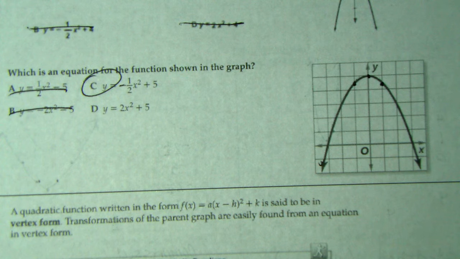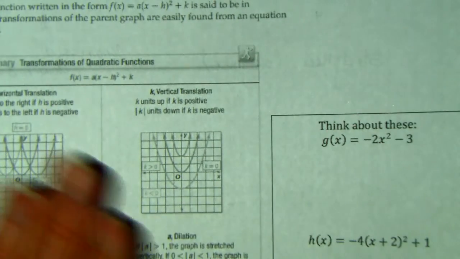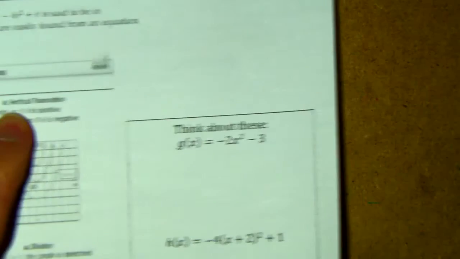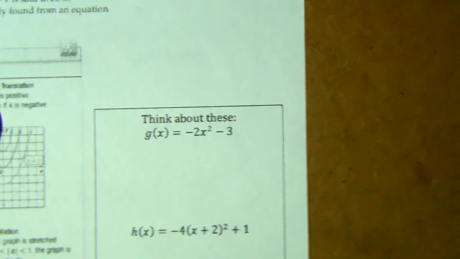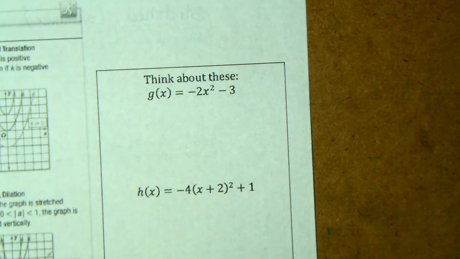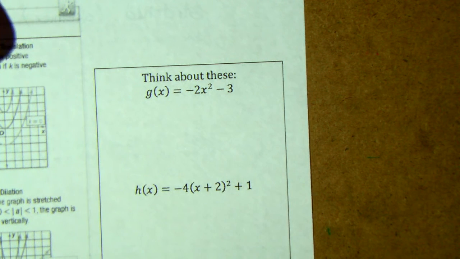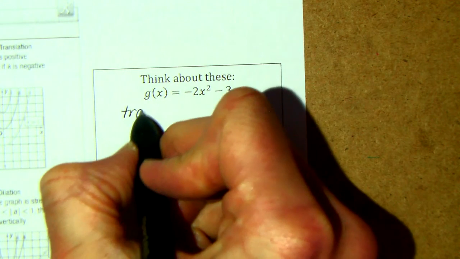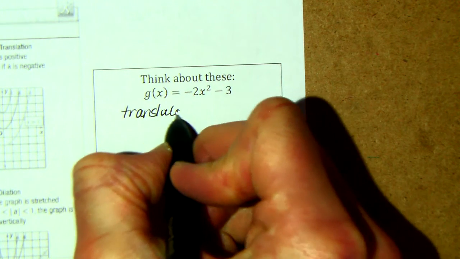So let's think about it. It shows you a whole bunch and talks about all the things that A, H, and K do. But let's just look at these two examples here and write down what we know those graphs would do. It would be down 3 and a reflection. Okay, so it would be translated down 3, because of this, right?